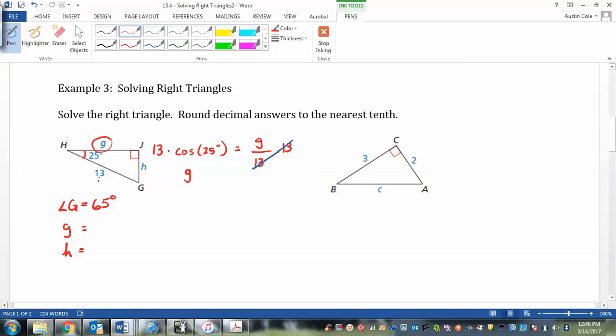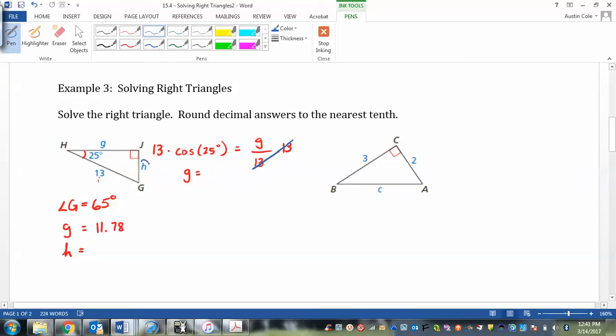That gets me G. What do we get there, guys? 11.78. Questions on that? Did you get that, Olivia? Right answer? Yeah, I see what I did. You have to type things in correctly. Now, could I do the Pythagorean theorem if I wanted to? Yeah, I could, but I think that's pretty easy, wasn't it, guys?